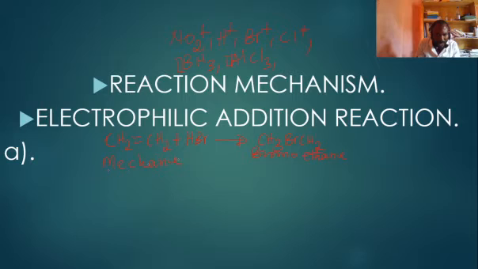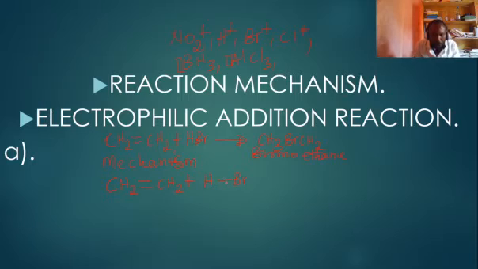What is the mechanism of this reaction? Now, the mechanism is very simple. Ethene plus hydrogen bromide.